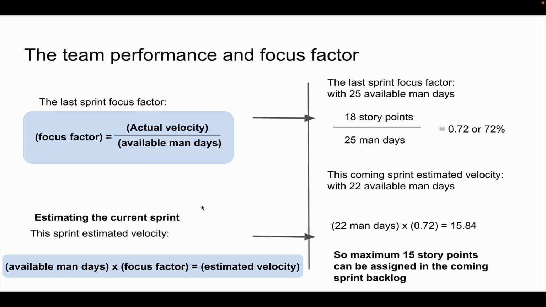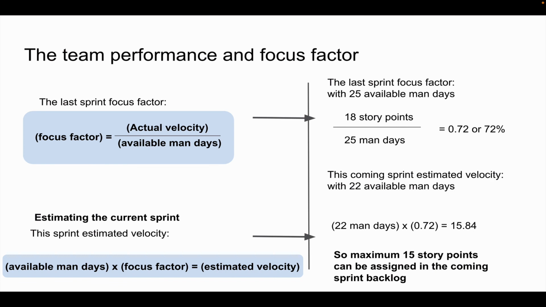For estimating the next sprint, it's now possible to look at how many man days we can commit to the next sprint. In this case, we had 22 man days, and we multiply that by 72%, and that gives us 15.84, so 15 story points.